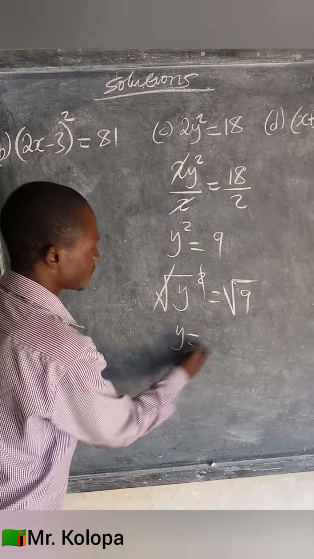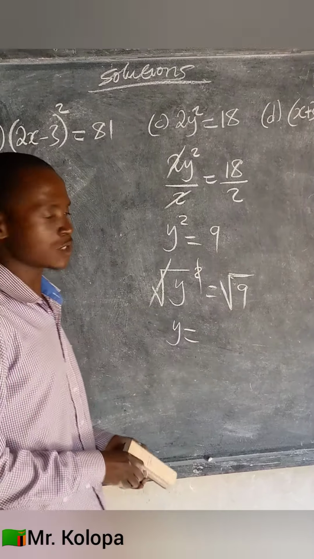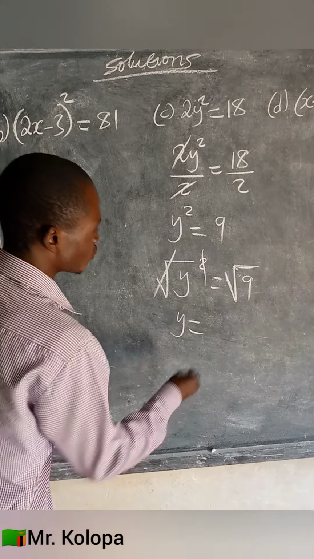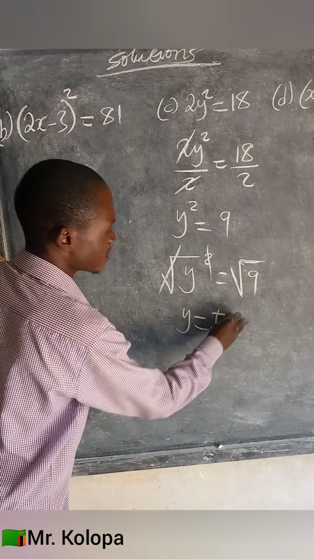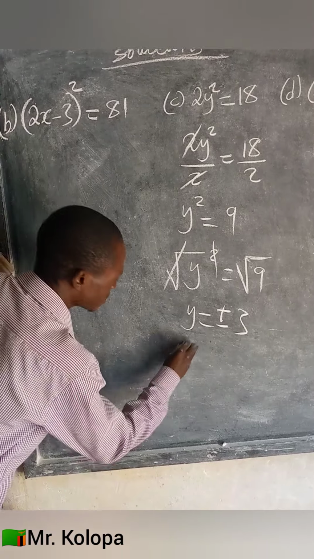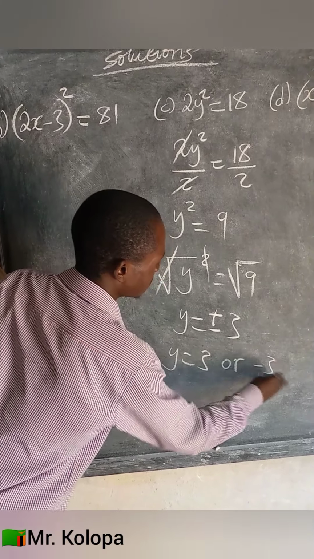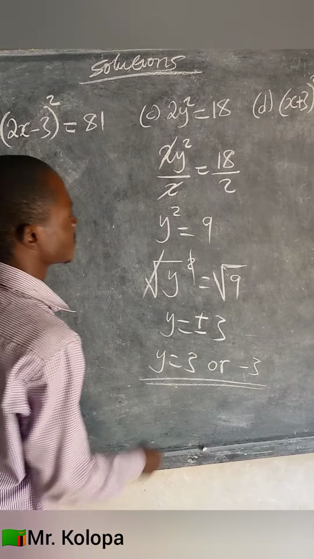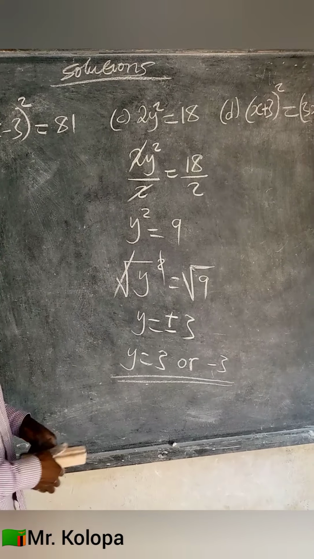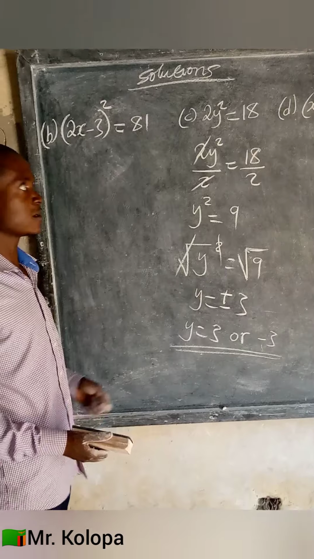So we're going to have y is equal to, as I said, you need to get 2 answers. We're going to have positive and negative 3, of which we can say y is equal to 3 or negative 3. So this is how you are supposed to solve question C.